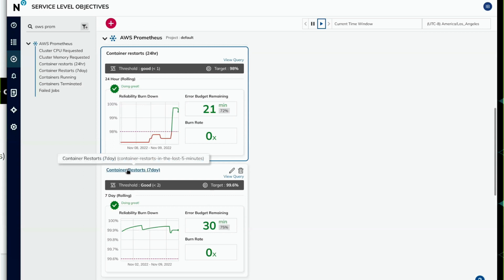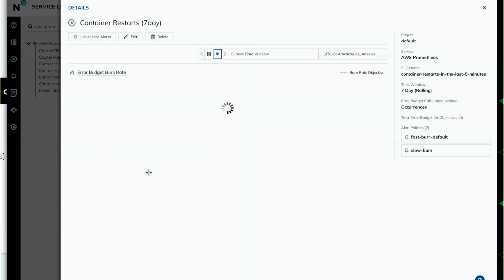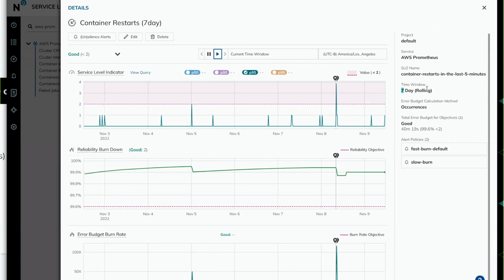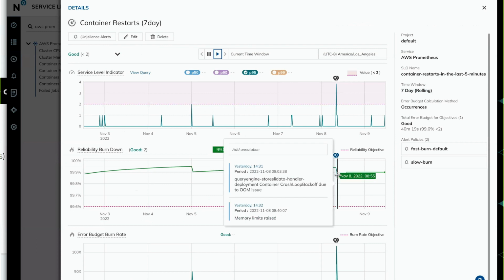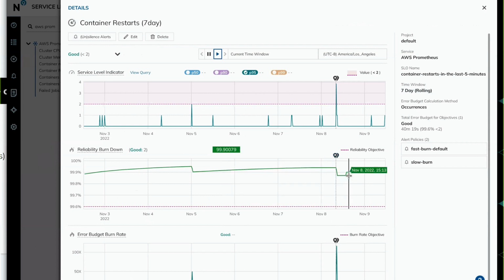So we also have a 7-day container restart SLO. The time window for this one is 7 days versus the last one, which was 24 hours. And you can see here, we do have that expressed.